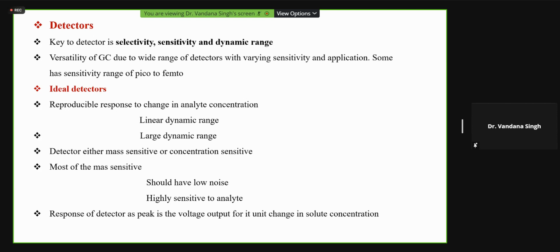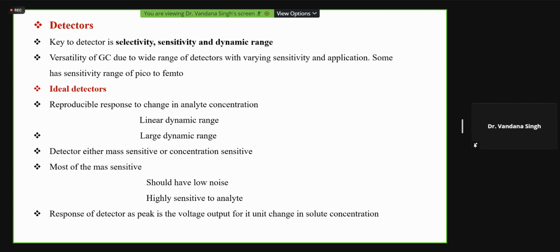Now, these detectors can be either mass sensitive or concentration sensitive, depending on what output they are giving, the mass or the concentration. Most of these detectors should have low noise, because if the noise increases, then the signals coming from the analyte which has very little signal will merge into that noise, and they can't be differentiated.